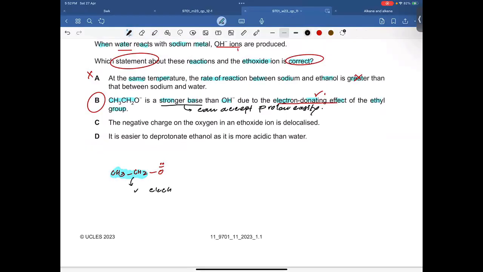is an electron donating alkyl group. This electron donating alkyl group has a positive inductive effect, which means this group will donate electrons towards oxygen, or provide electrons to the oxygen atom.